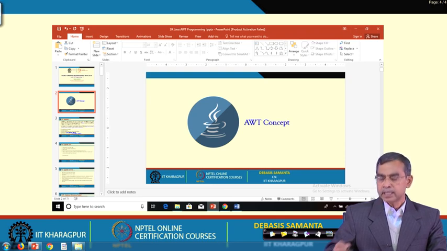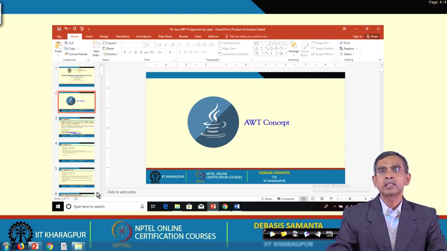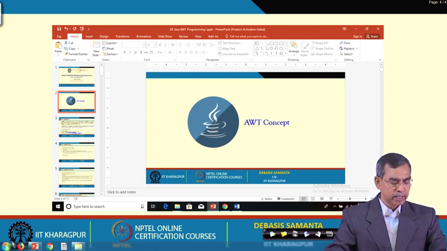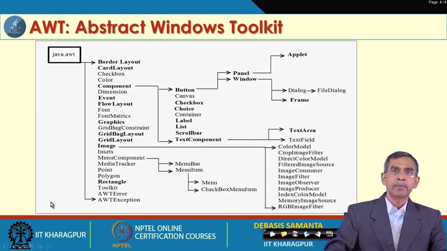So, this is the idea about AWT, and now the question is, if we want to develop application software like PowerPoint or Microsoft Word or Paintbrush, how can we do it? Obviously, we can do it using the AWT package.